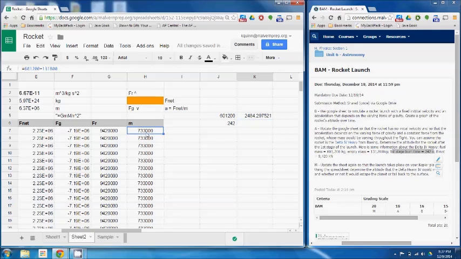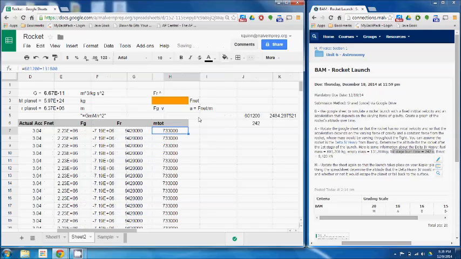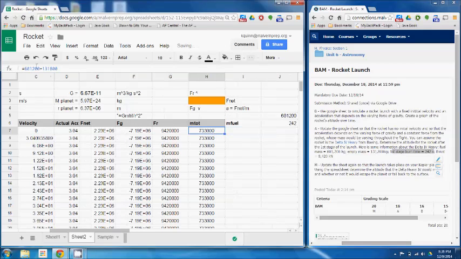Now, I'll give you a little bit of a hint. This number is always going to be there, but this number is always going to change. So what might help you is to make this column the total mass and make this column the mass of the fuel. Because then what you can do is simplify this a little bit by saying, take the total mass plus the mass of the fuel.